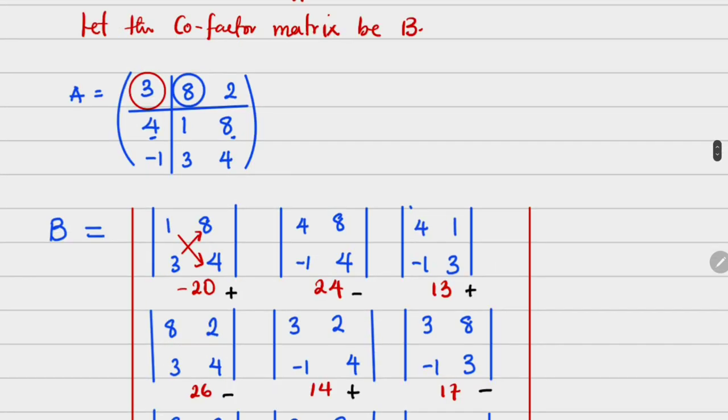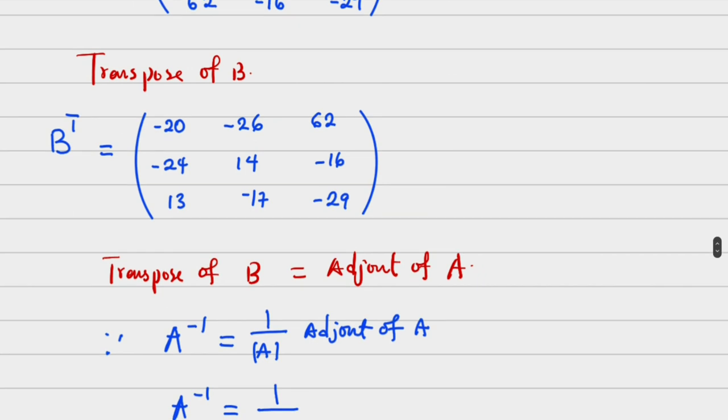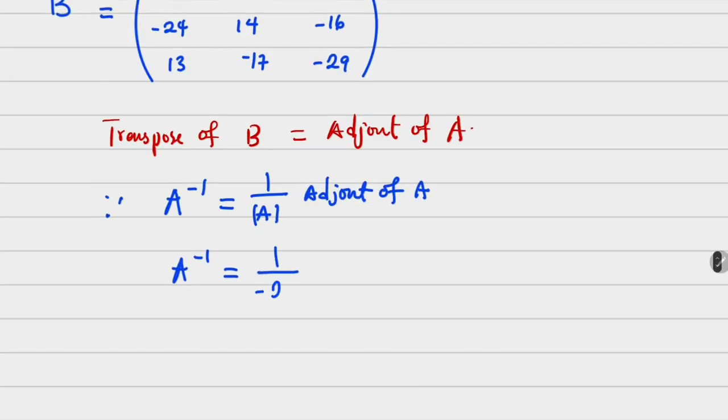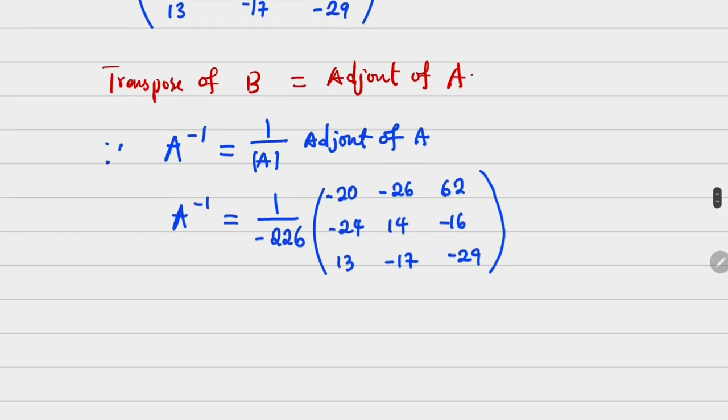What did we get as our determinant? Okay, minus 226. So we'll come back, this minus 226, and into the matrix of minus 20, minus 26, then 62, minus 24, 14, and minus 16. Then here is 13, minus 17, minus 29. All right, this is how it is written.